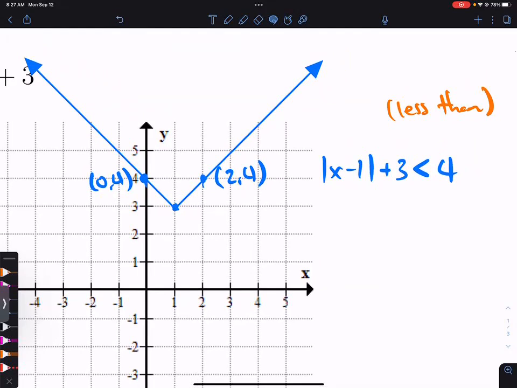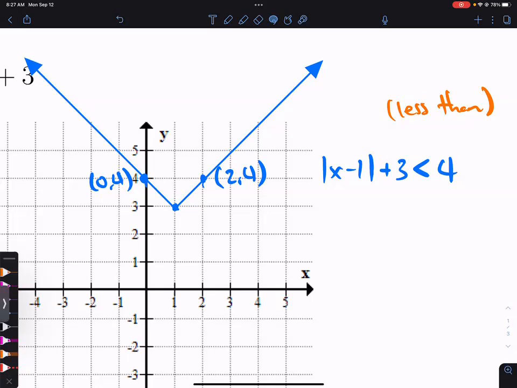All right, what do you got? What happens if x is 1? If x is 1, y is 3, right? Okay, and 3 is smaller than 4. Okay, so it works there. Is it just x equals 1 though?